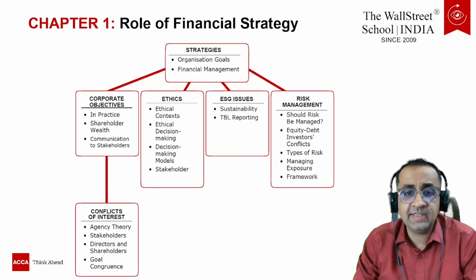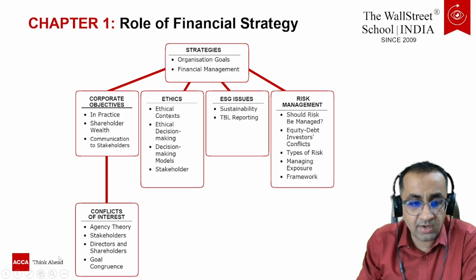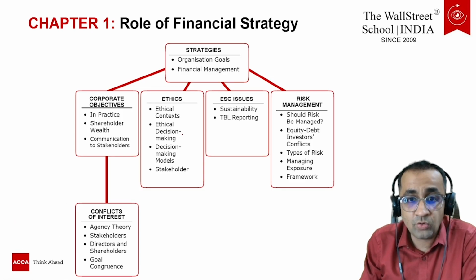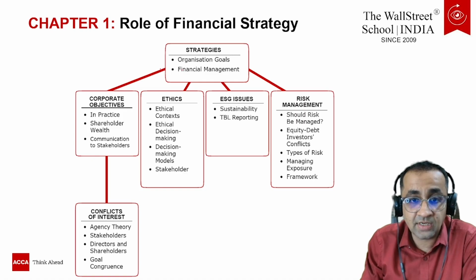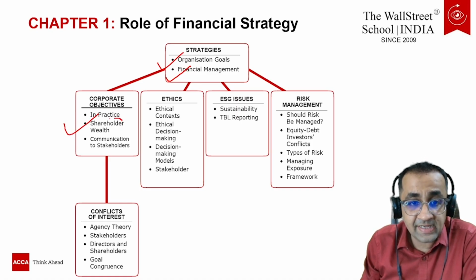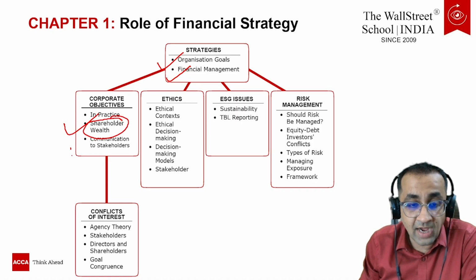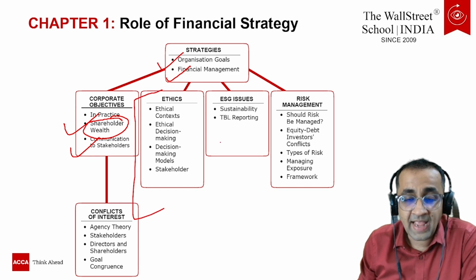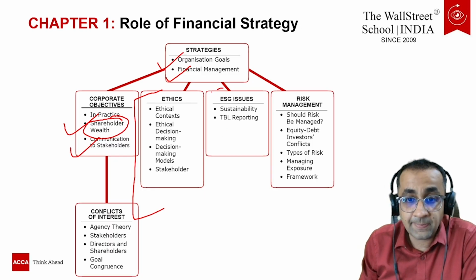Now guys, as you can see, this chapter will be discussing what strategies are generally followed. What do we mean by financial management to ultimately increase the wealth of the shareholders? How do we communicate with various stakeholders? Ethics and the role of ethics in decision making.